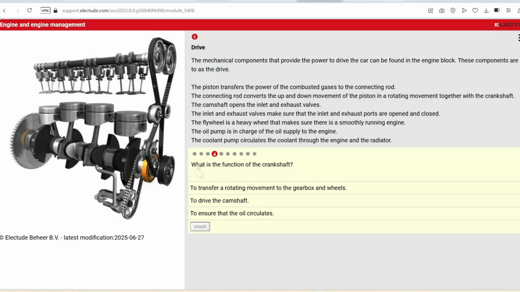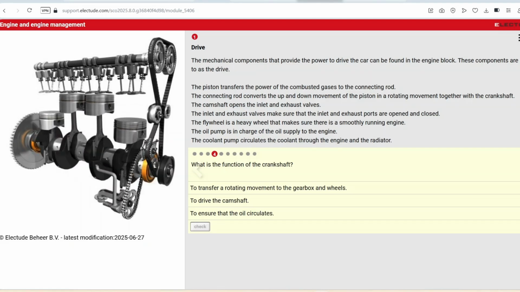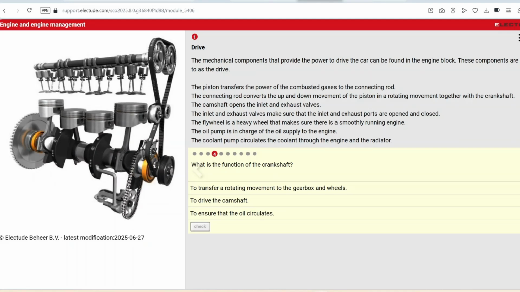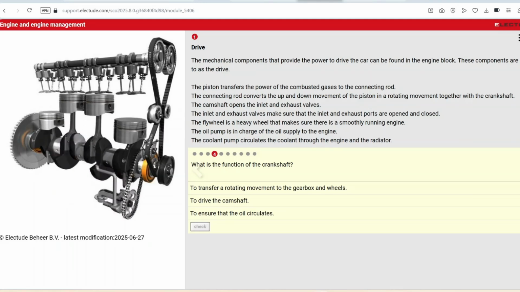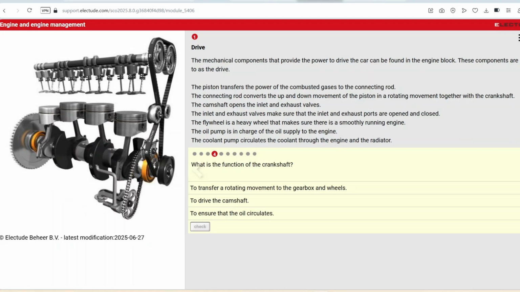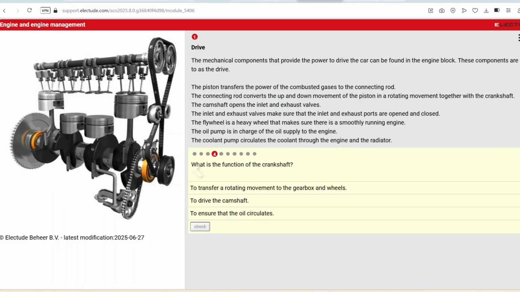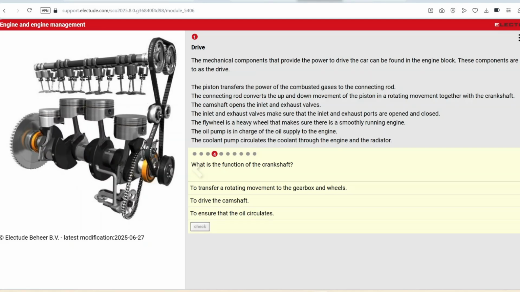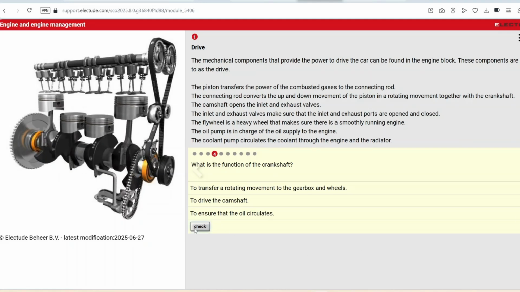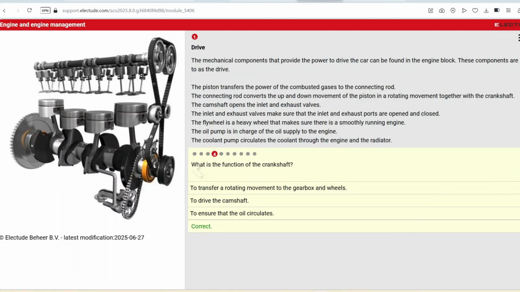Yeah, I think even the second one is correct because it will do that through the timing belt. The crankshaft will drive the camshaft, but via the belt or chain. So I'll go with that. But I don't think 3 is correct, so I'll say false. So I'm right on that. Correct.